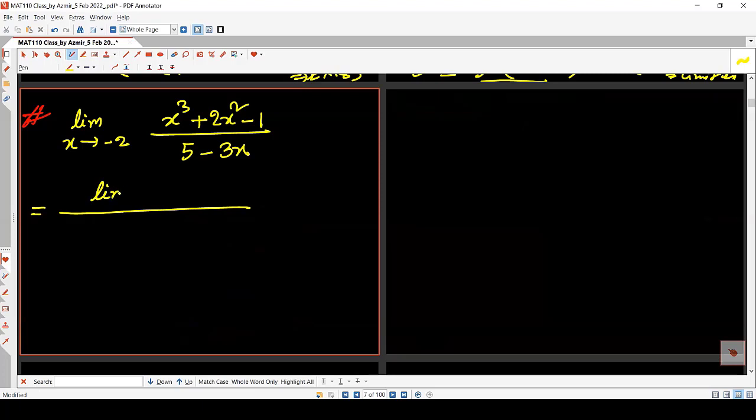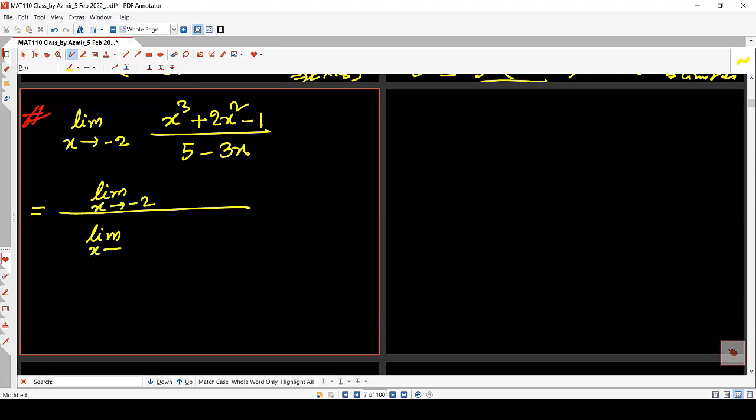So the limit will be in the denominator and also in the numerator: limit x tends to -2, limit x tends to -2. We have the function above, x cubed plus 2x squared minus 1, and another function in the denominator, 5 minus 3x.